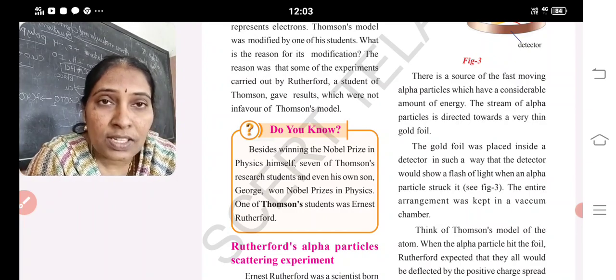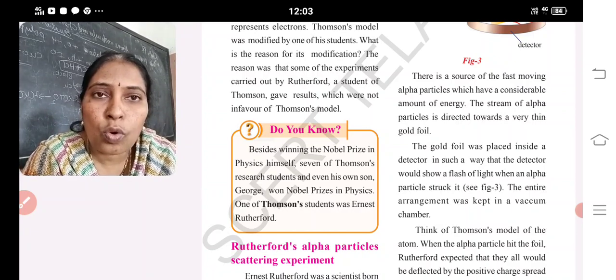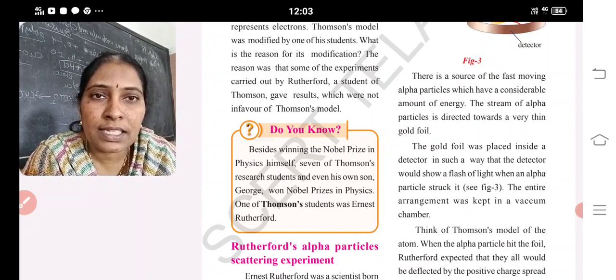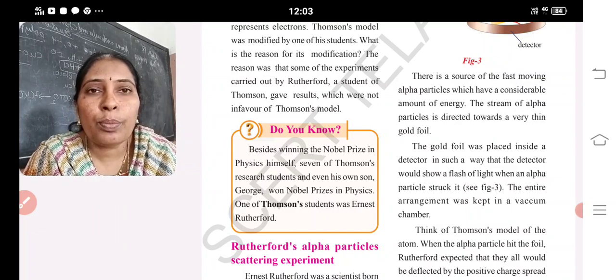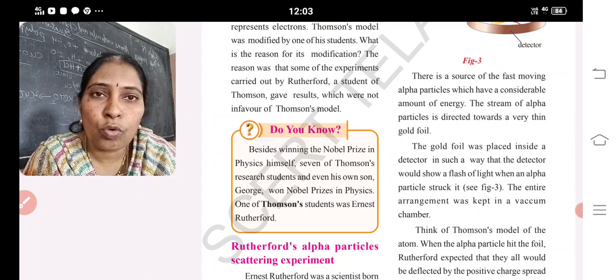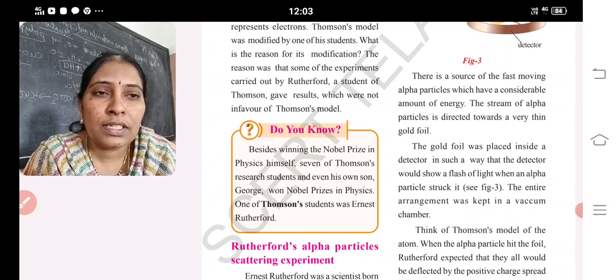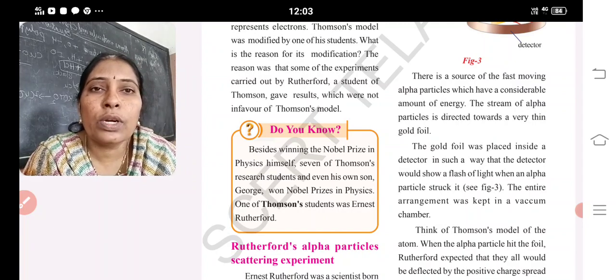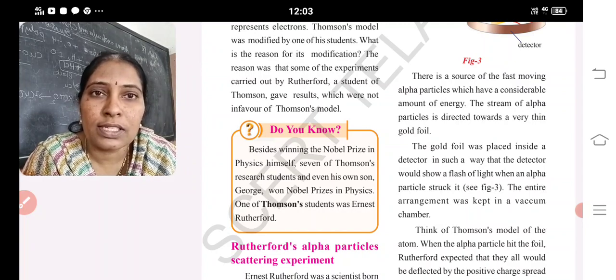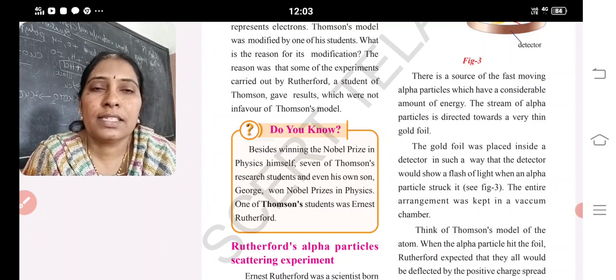So he is such a great scientist. He trained all his students to become scientists. He himself got a Nobel Prize. Not only he, his 7 students also got a Nobel Prize in Physics. Even his own son George also got a Nobel Prize.